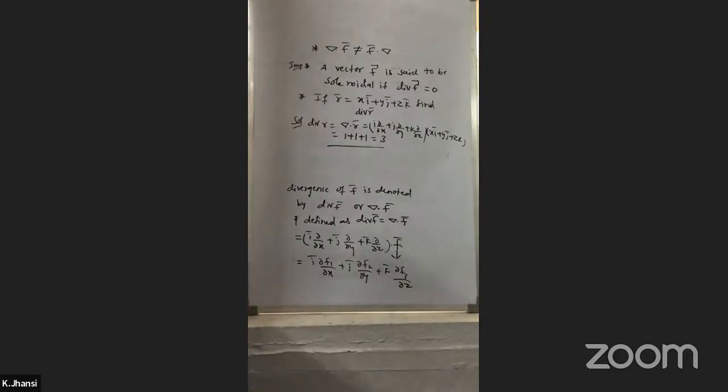Next, the third one is the curl of a vector, also only for the vector point function. Curl means you will have the cross product, and divergence means you will have the dot product. Next class, we'll see the other topics, so we'll almost complete block 1 and then go to block 2 in the next class.